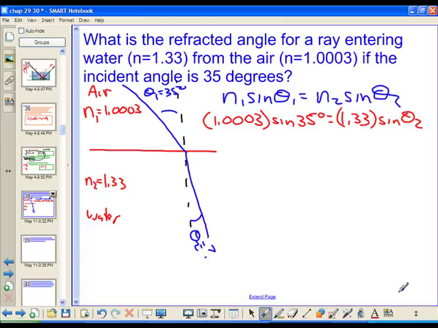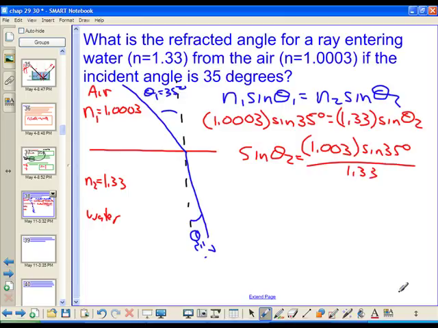I have sine of 35, which comes out to about 0.5357. Well, before I actually do that, I'm going to do a little algebra. Sine of theta 2 equals 1.0003 times the sine of 35 degrees over 1.33. All right, everybody see my algebra there? We're good with that?